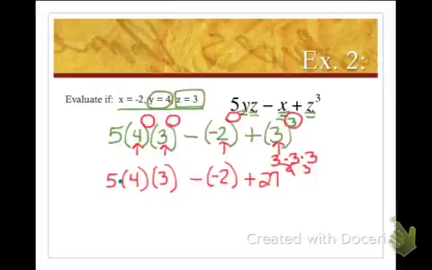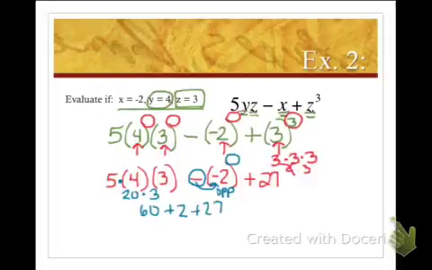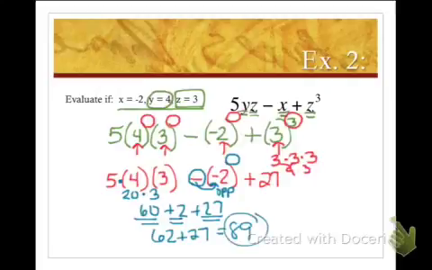So at this point, we have 5 times 4, which is 20, and 20 times 3, which is 60. Here we have no power outside, we said, so then this subtract says what's the opposite sign of -2, which is a +2. And then there's that 27. Notice that they're all positives here, so we're going to go left to right. We get 62 plus 27, which is 89 for our final answer in this particular example.